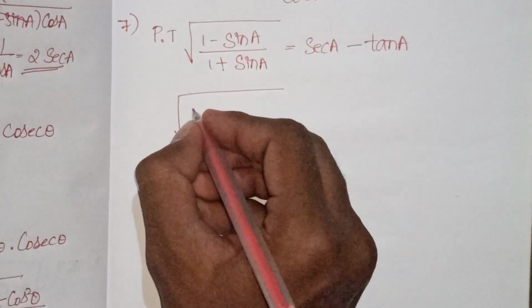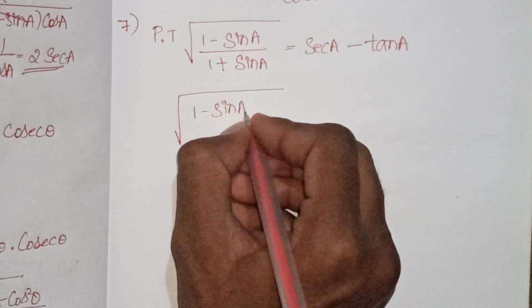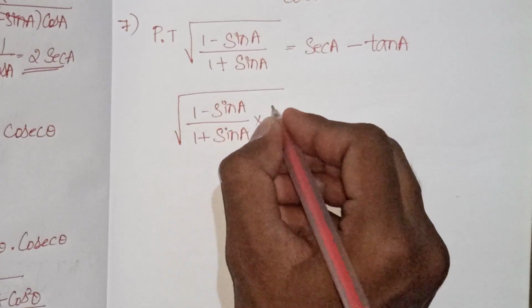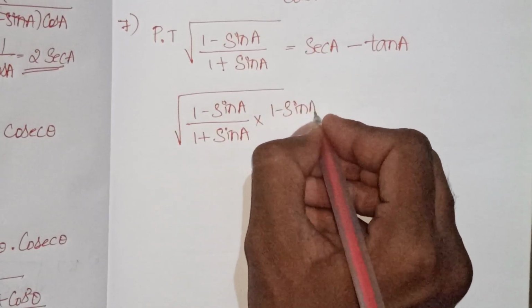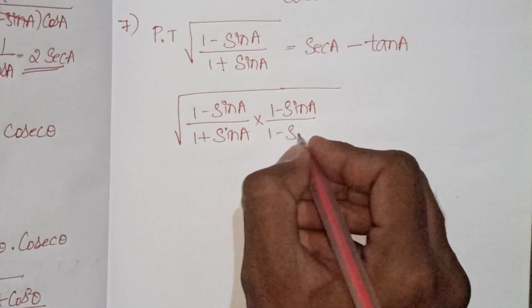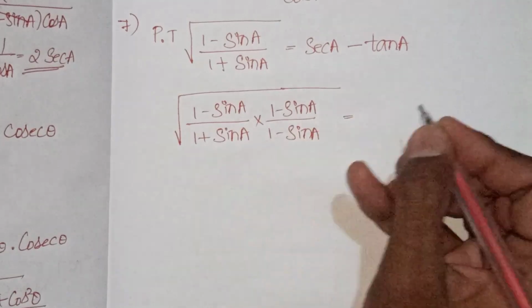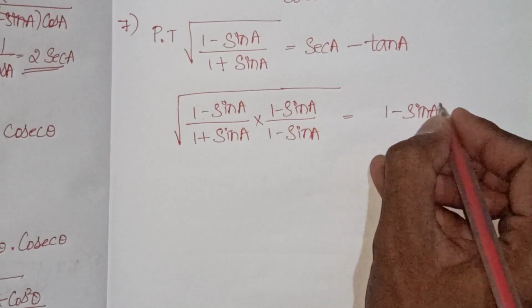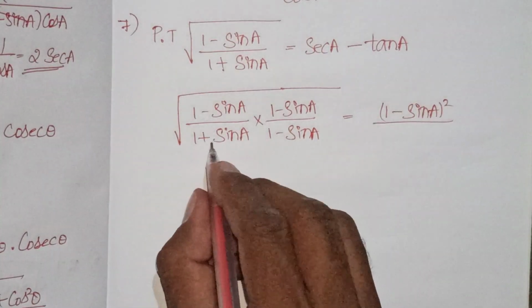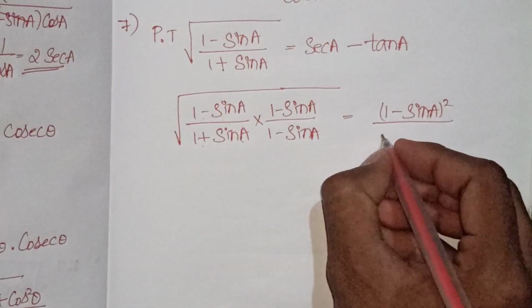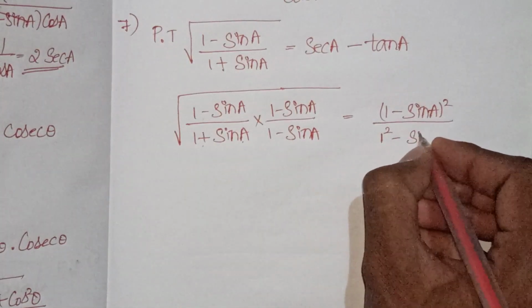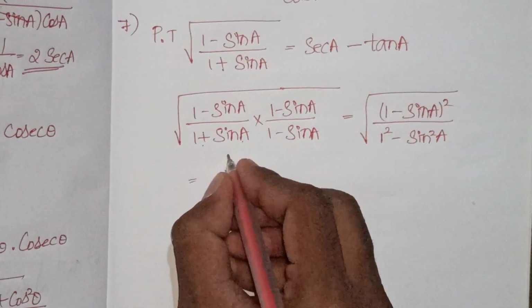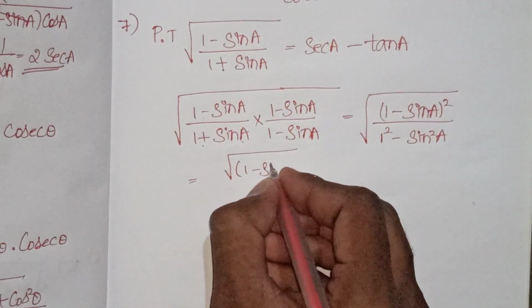Therefore, under root (1 − sinA)/(1 + sinA) into (1 − sinA)/(1 − sinA). The numerator is in the form (a − b) into (a − b), that is (a − b) whole squared. In the new denominator, (1 + sinA) into (1 − sinA), it will be a² − b². Let's split the square root to numerator and denominator.